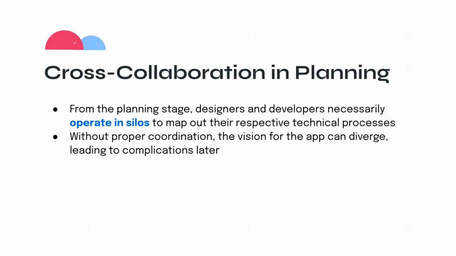Because if you're working completely disjoint from each other, the visions of a project might also diverge, which may lead to complications later, like having to rework features, delaying your project timeline, and also at the end of the day, just not meeting initial expectations because everything gets held up.